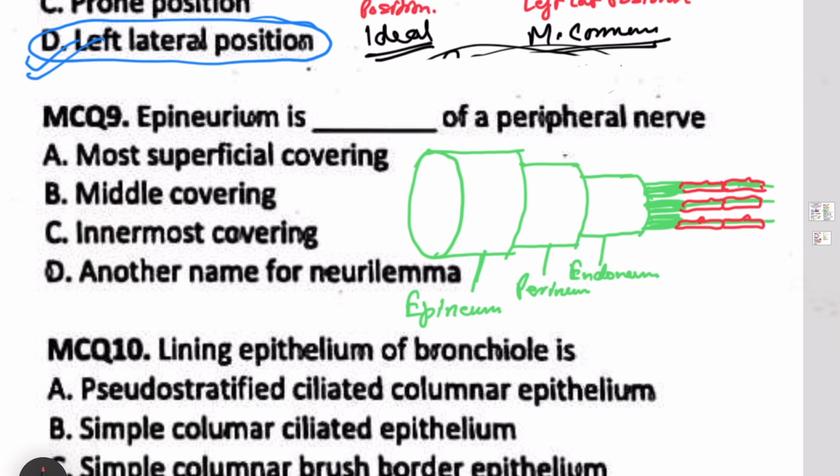So when the Schwann cell rolls upon the neuron, this is an axon, right?